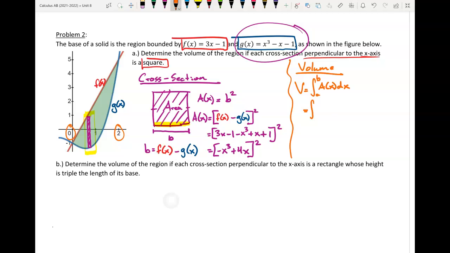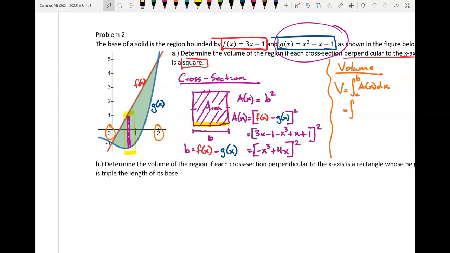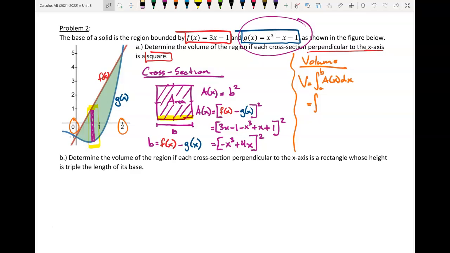I can double check the 2 by setting my functions equal to each other, graphing, and making sure that I am actually crossing at 2. It probably wouldn't be a bad idea to double check that, but I'm going to go with what the graph has, just for sake of time.